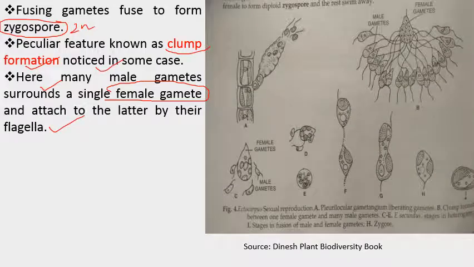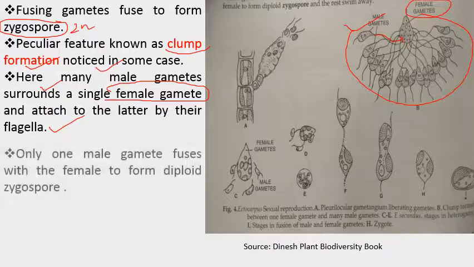In this picture we can see the female gamete. This female gamete is surrounded by a number of male gametes, which attach by their anterior flagella, and this structure formed by the result of this attachment is known as clump formation. So this is a unique feature that is shown by Ectocarpus.